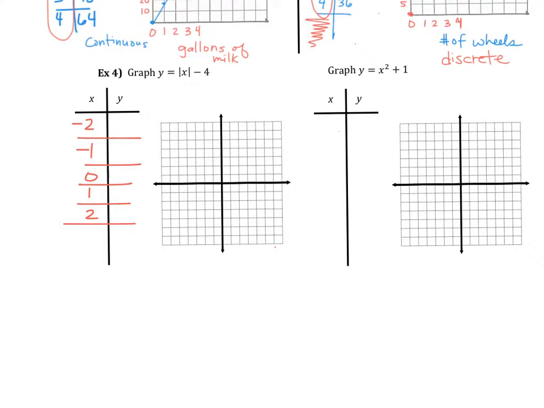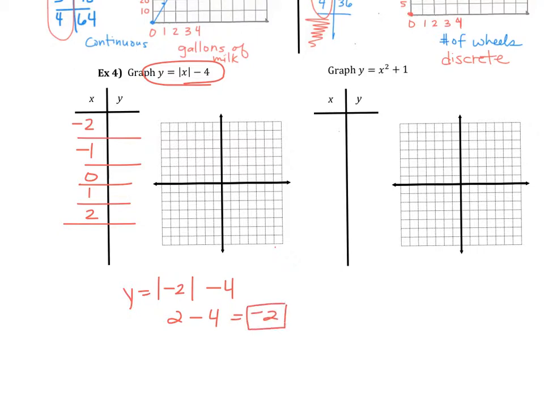So if I plug in to this graph, -2, I'm going to do y equals the absolute value of -2 minus 4. What is the absolute value of -2? A positive 2, right? Absolute value always makes it positive. So we're doing 2 minus 4, which is -2.